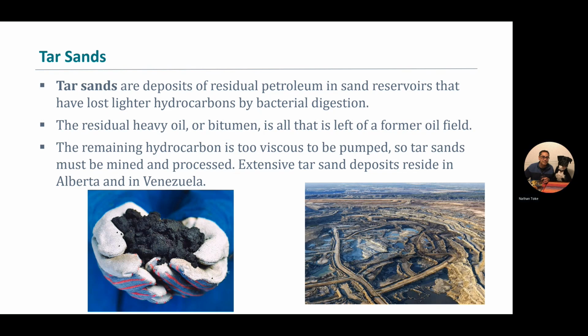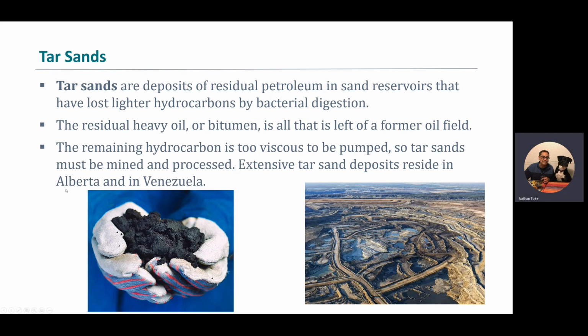Because they're near the surface, there's a lot of bacterial digestion that's taken place, so lighter hydrocarbons, gas have been eaten away. But these residual heavy oils, bitumen, are there, and that can be utilized, but it's too viscous to be pumped. So they have to be mined, like we can see here with this open pit mine.